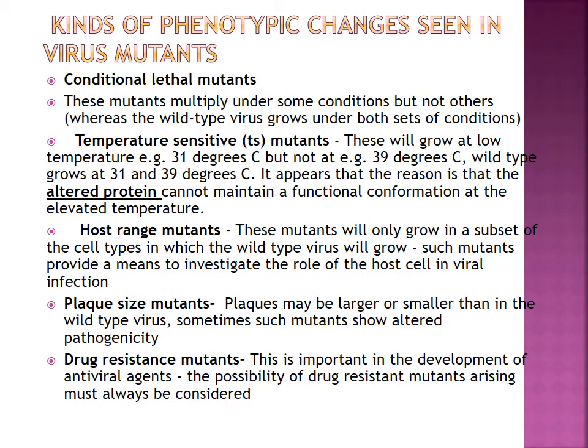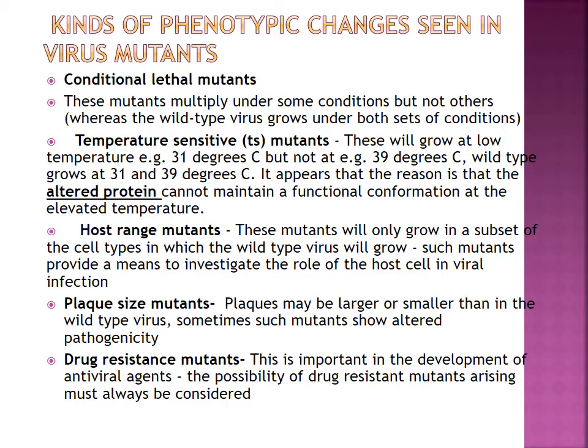We have to know the kinds of phenotypic changes seen in virus mutants. First of all, we have the conditional lethal mutants. These mutants multiply under some conditions but not others, whereas the wild type can grow under both sets of conditions.